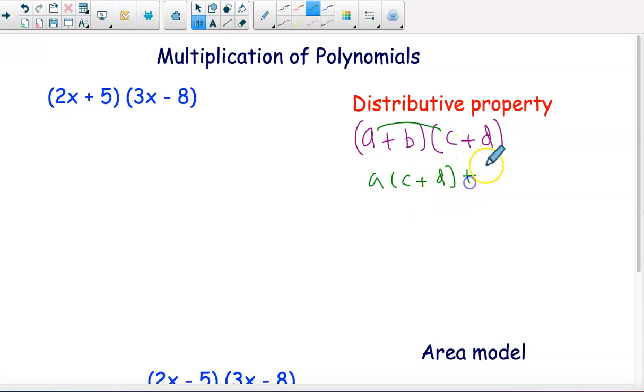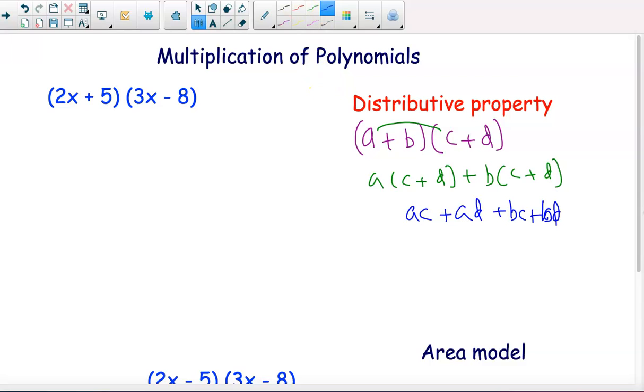Plus b, I'll write plus b times again this whole expression c plus d. Now use the distributive property, a monomial with the binomial: a times c, ac, plus a times d, ad, plus b times c, bc, plus b times d, bd. These are the four expressions you'll get.